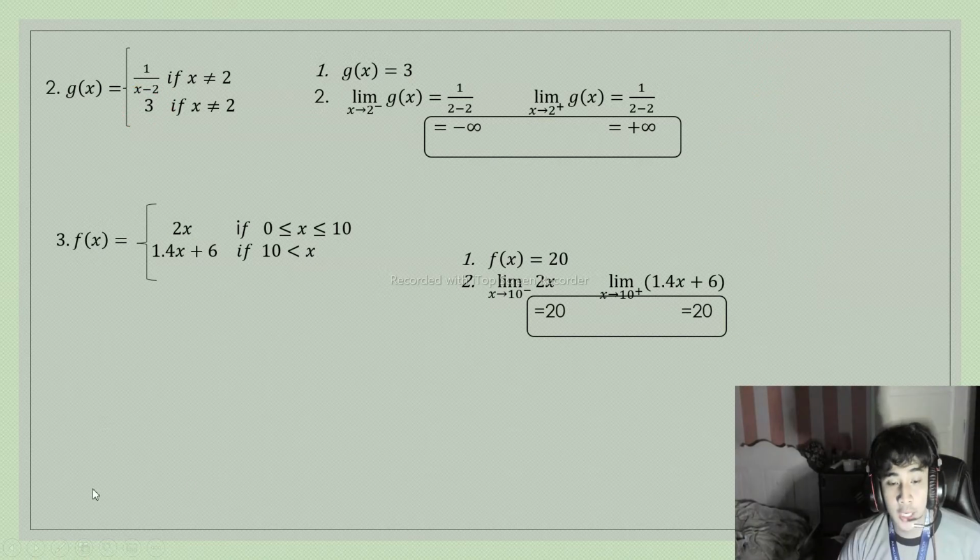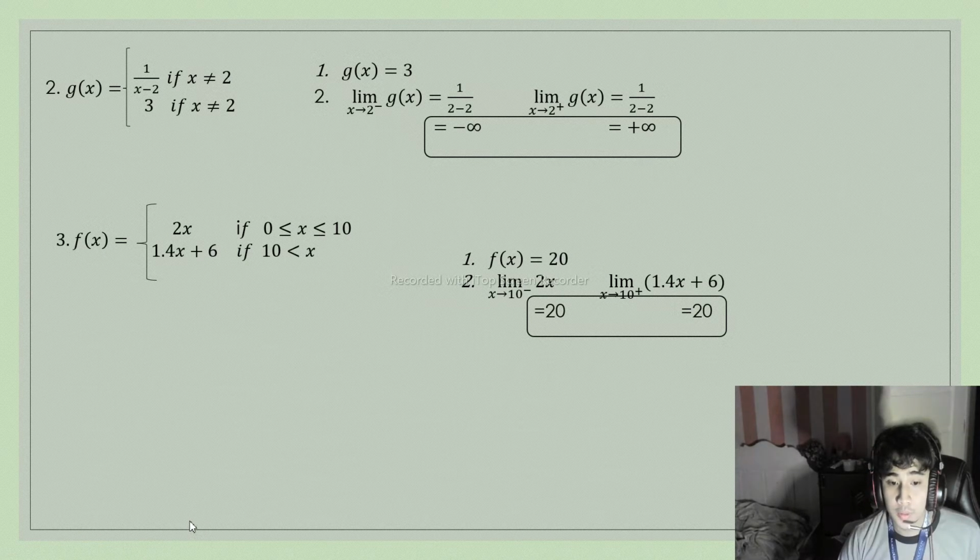So, moving on to our last example for continuity. F of x is equal to 2x if 0 is less than or equal to x and x is less than or equal to 10, and 1.4x plus 6 if 10 is less than x.